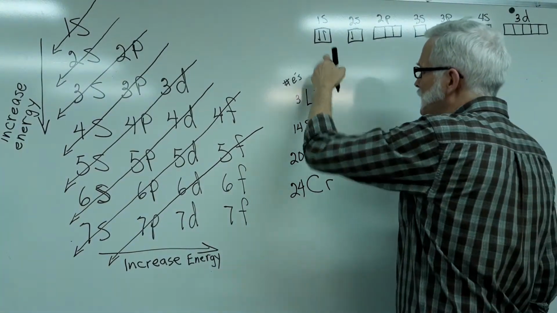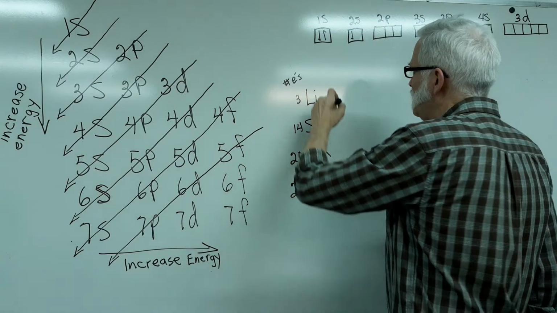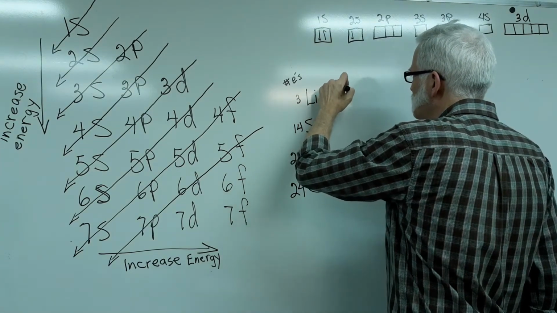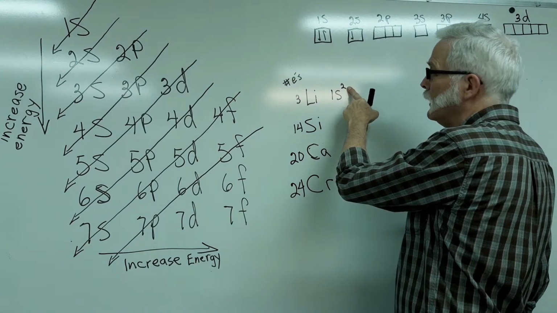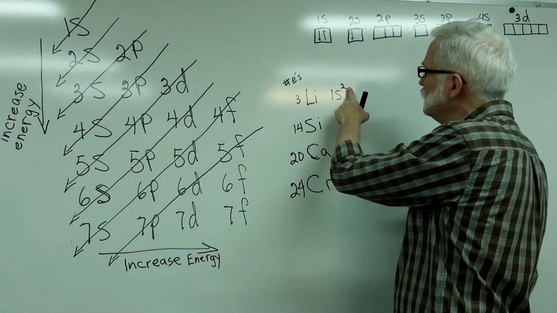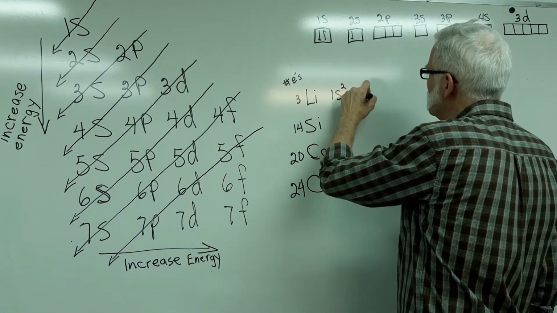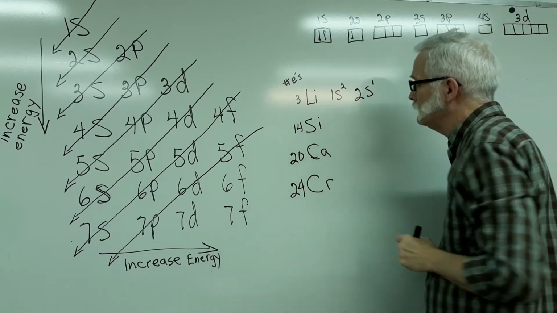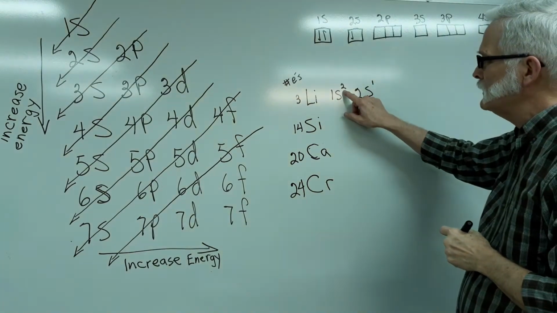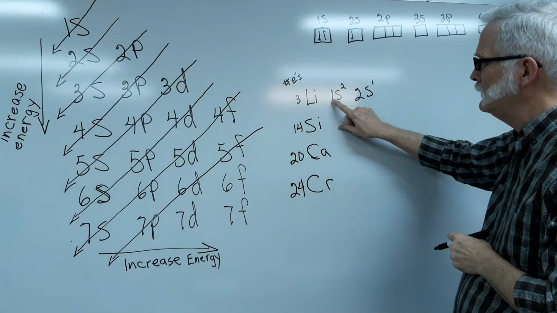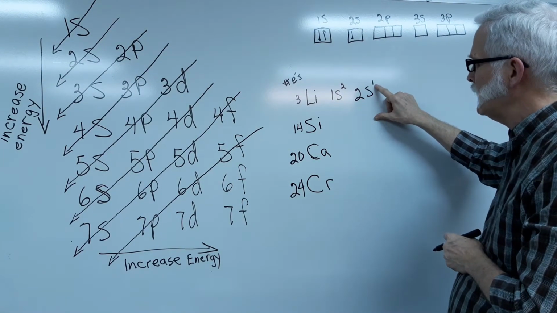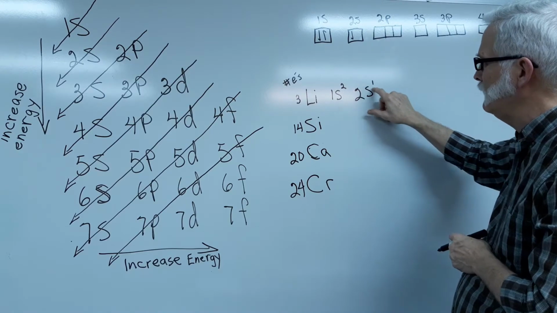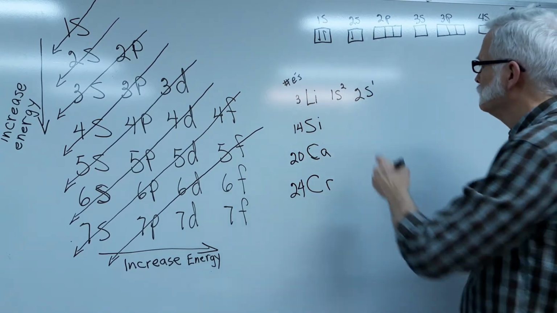So, the electron configuration for lithium is 1s2, energy level, number of electrons. 2s1. 2 electrons in the 1s, 1 electron in the 2s for a total of 3 electrons.